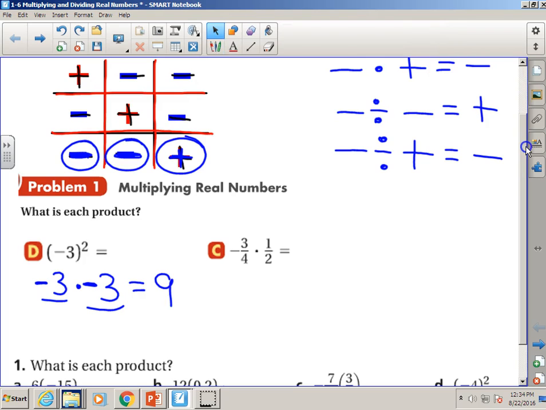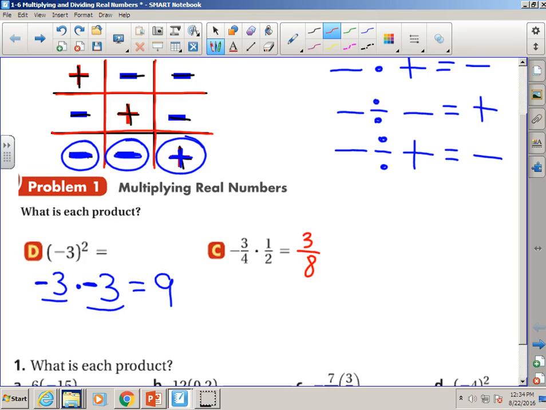Now fractions. Let's do another one with a fraction. I don't know if you guys remember, when you multiply fractions, it's the easiest way. You just multiply your tops and you multiply your bottoms. You multiply your numerators, which are your top numbers, and you multiply your denominators. So let's just go ahead and actually multiply the numbers. 3 times 1 is 3. 4 times 2 is 8.